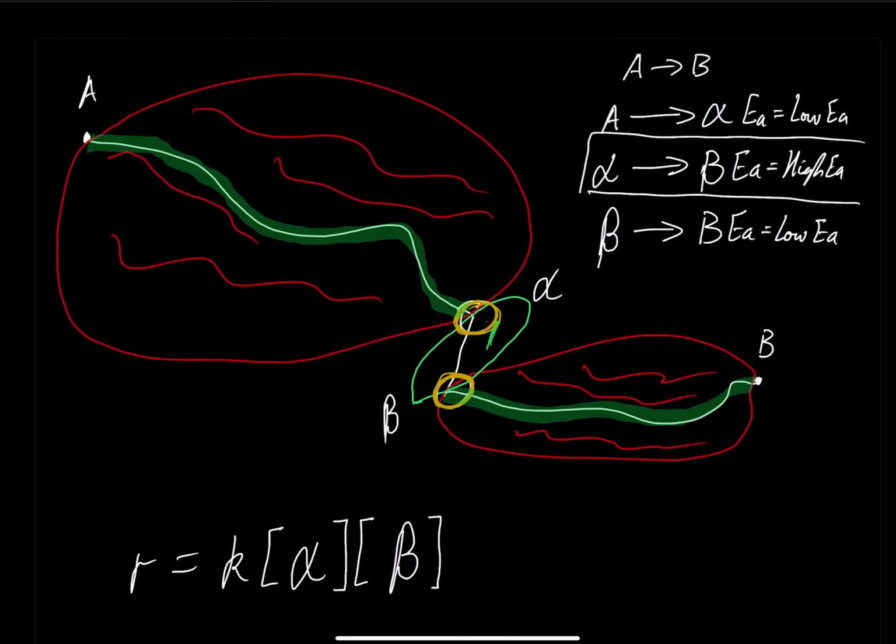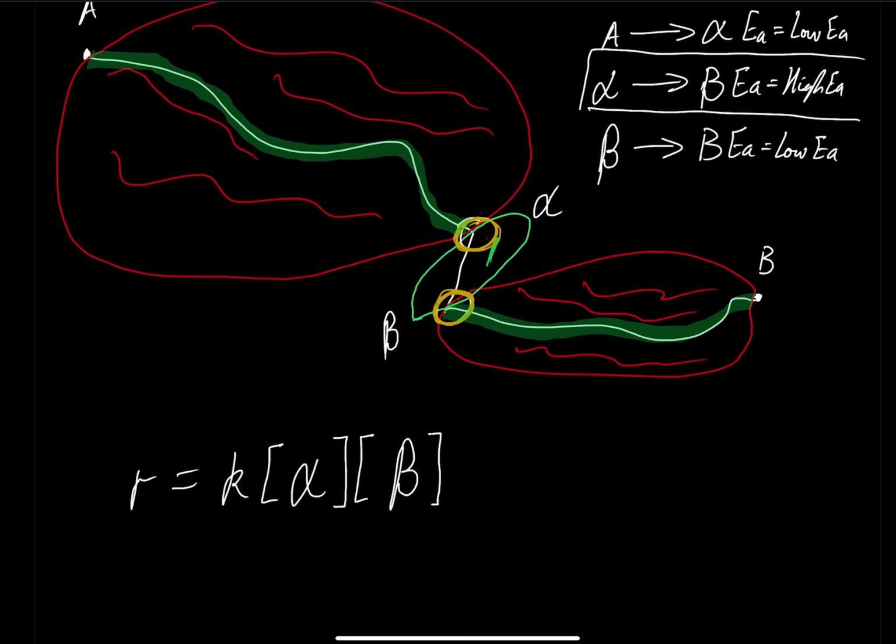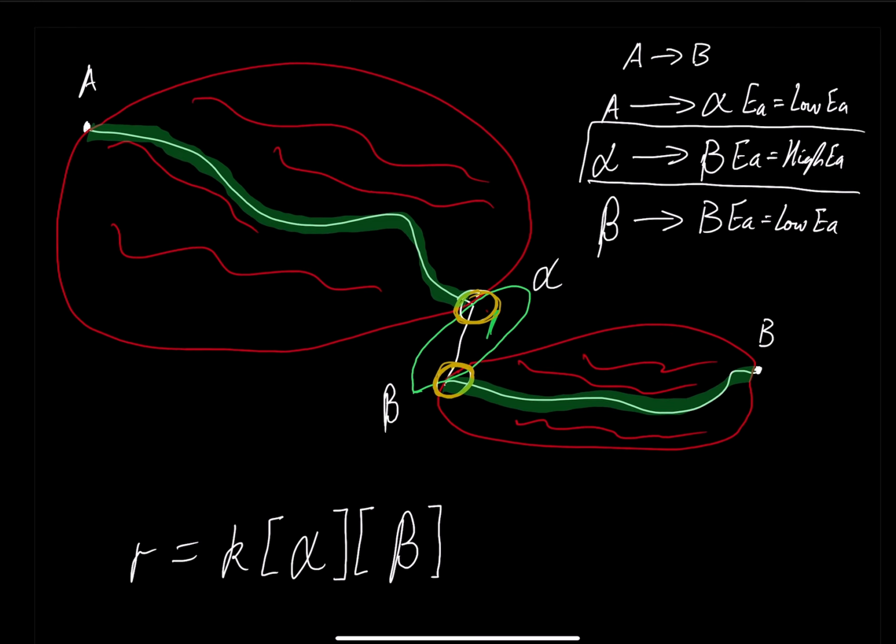Because I've just made it very clear that it's only alpha and beta that are in the rate determining step here. I should have had a better way of showing you alpha plus something and beta plus something. I've used beta as points on the graph to show this point here, so that probably wasn't a good example.